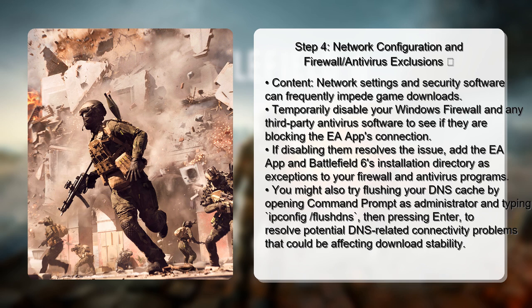If disabling them resolves the issue, add the app and Battlefield's installation directory as exceptions to your firewall and antivirus programs. You might also try flushing your DNS cache by opening Command Prompt as administrator and typing ipconfig /flushdns, then pressing Enter to resolve potential related connectivity problems that could be affecting download stability.